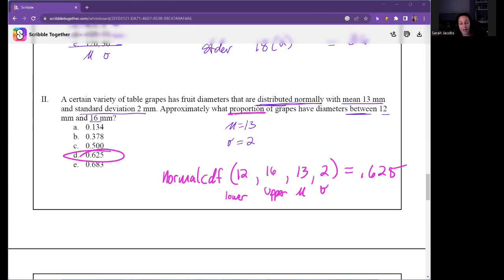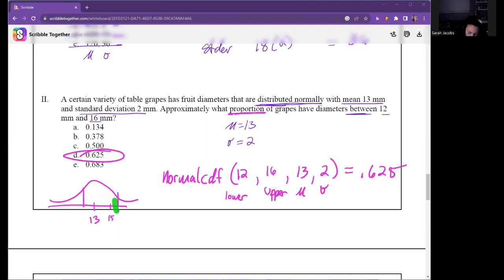Now, you could guess and check this or estimate it by saying, well, on a normal curve, if 13 is in the middle, 16 is more than a standard deviation above. So this is 34% right here. And then 12 is only half a standard deviation below.